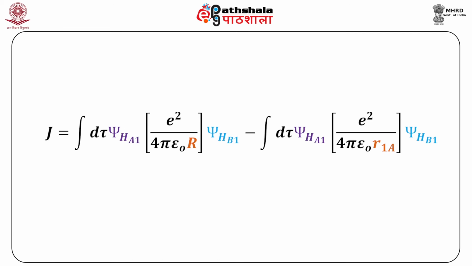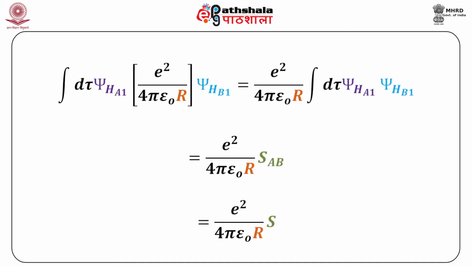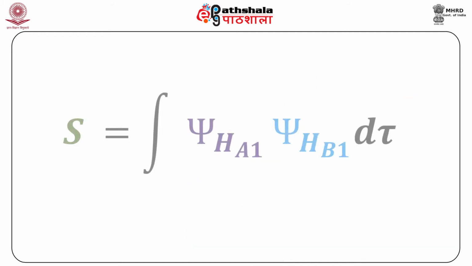If we assume the internuclear distance to be constant, the first term reduces to e square upon 4 pi epsilon 0 r into S. This S is the overlap integral, which is the integral d tau psi Ha1 psi Hb1.